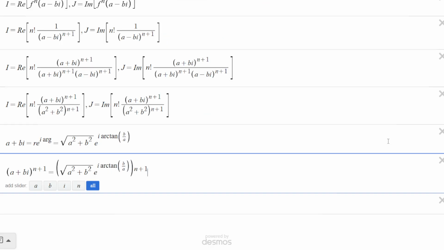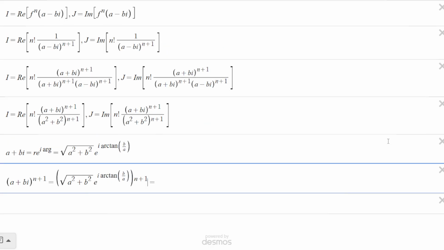This is a product, so we can just raise both parts of that product to the n plus 1 power individually. Well, this is a squared plus b squared to the 1/2, so we can just say this is a squared plus b squared to the n plus 1 over 2.